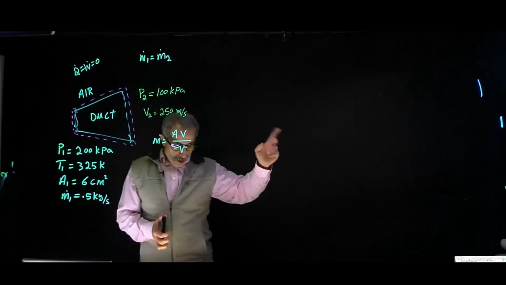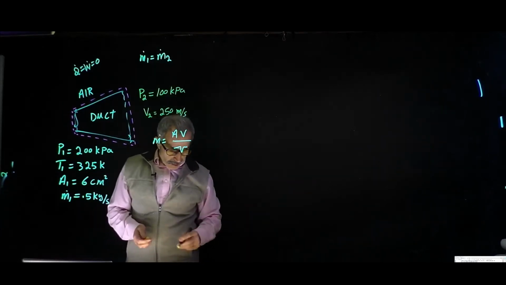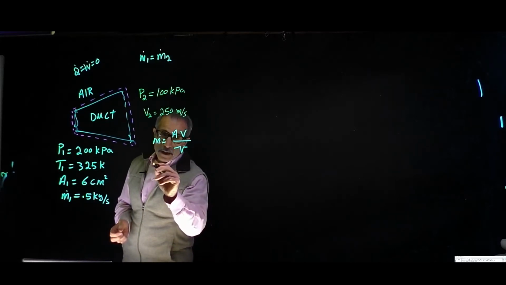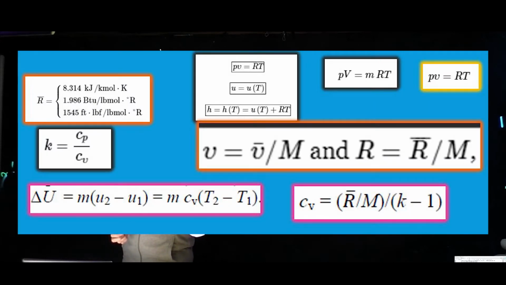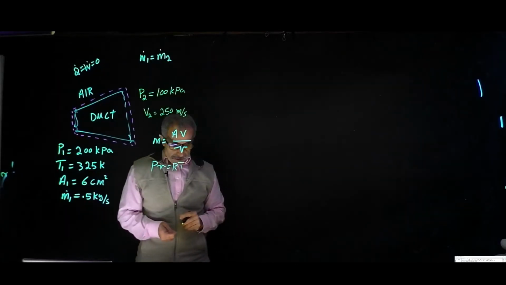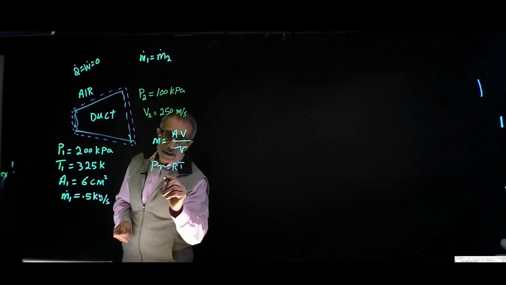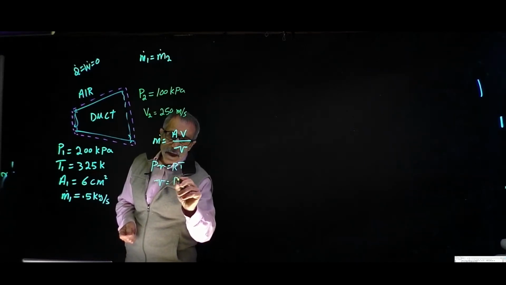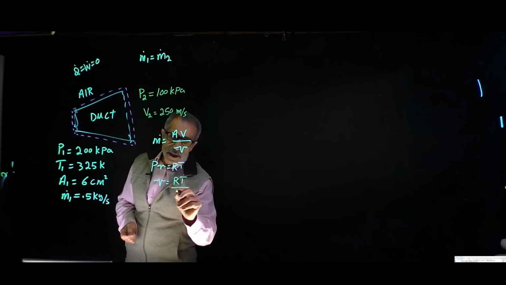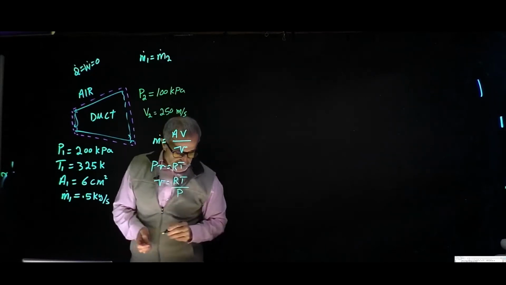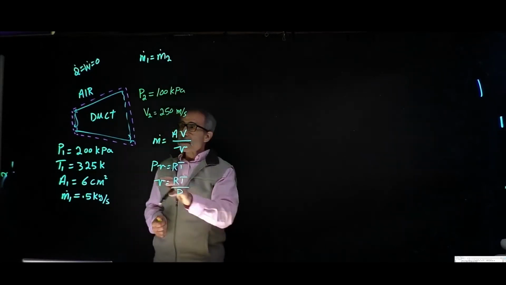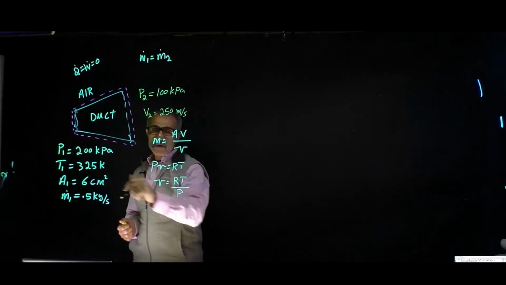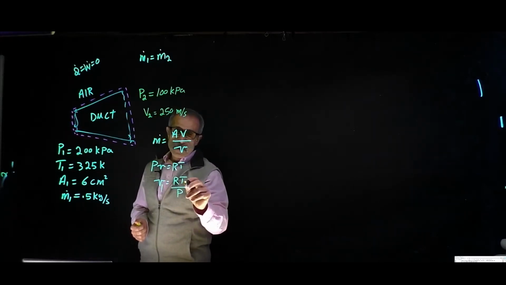Again, we had another equation we talked about before: for an ideal gas, Pv equals RT. If we calculate the specific volume from here, it's going to be RT divided by P. In this case we're at the inlet, so I'm going to call it one here, one here, one there.